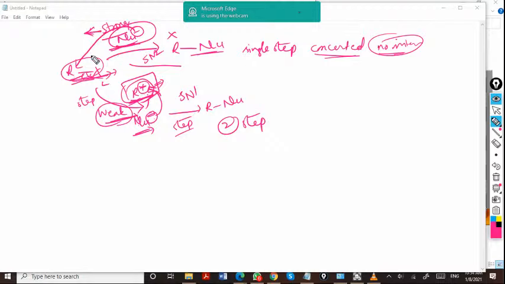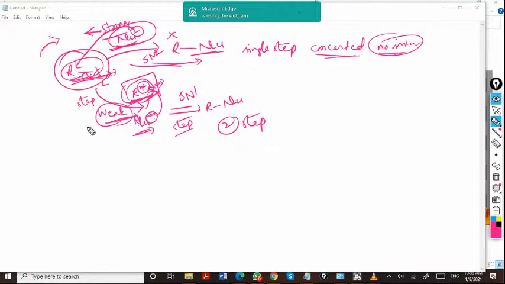The nucleophile, if it is more reactive, or in other words, if the alkyl halide itself is more reactive, then it may change the reaction type. If a strong nucleophile attacks before the leaving group leaves, it will result in SN2. After the leaving group leaves, if a nucleophile attacks, it will result in SN1.